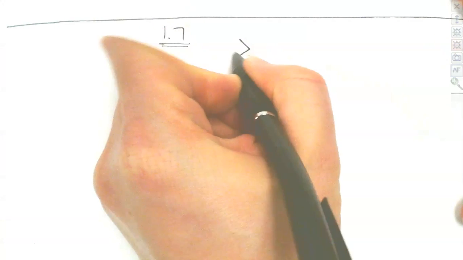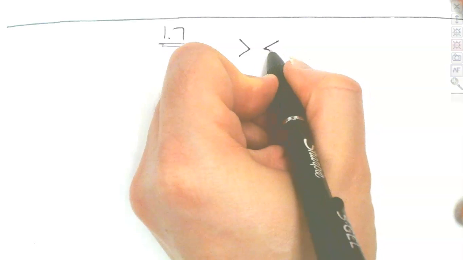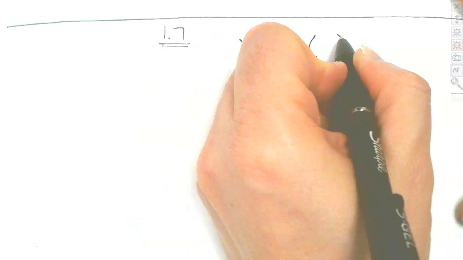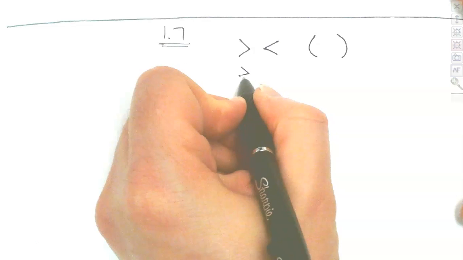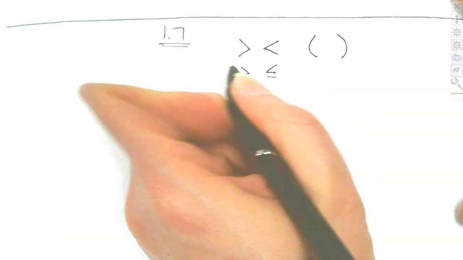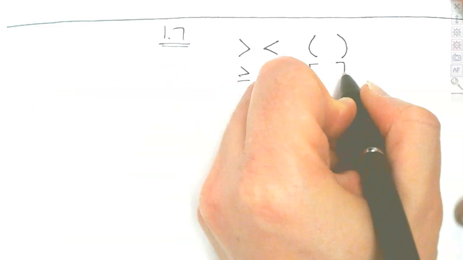Let's just quickly review how to graph things on a number line. When we go to graph things on a number line, strictly greater than and strictly less than get parentheses. Greater than or equal to and less than or equal to get square brackets.